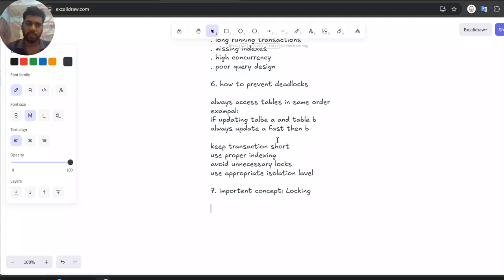Deadlock is related to row lock, then page lock, then table lock, when multiple transactions come for the same resources.